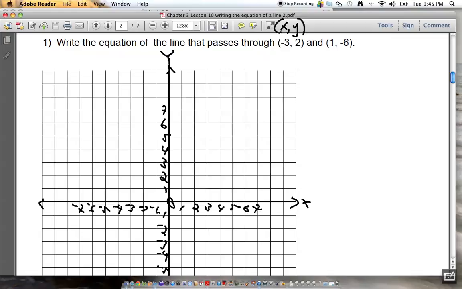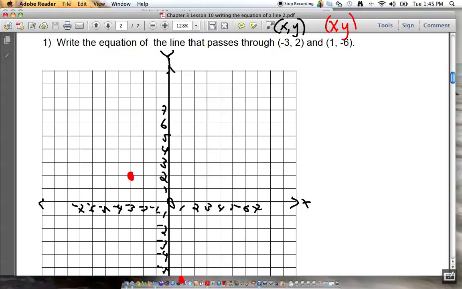Okay, so first let's plot the point -3, 2. Here's where all of the x's are -3. Here's where all of the y's are 2. So there's the point -3, 2. Okay? And then remember, any point is x, y. Now I've got to find where the x's are 1 and the y's are -6. So here's where the x is 1 and the y is -6, right here.